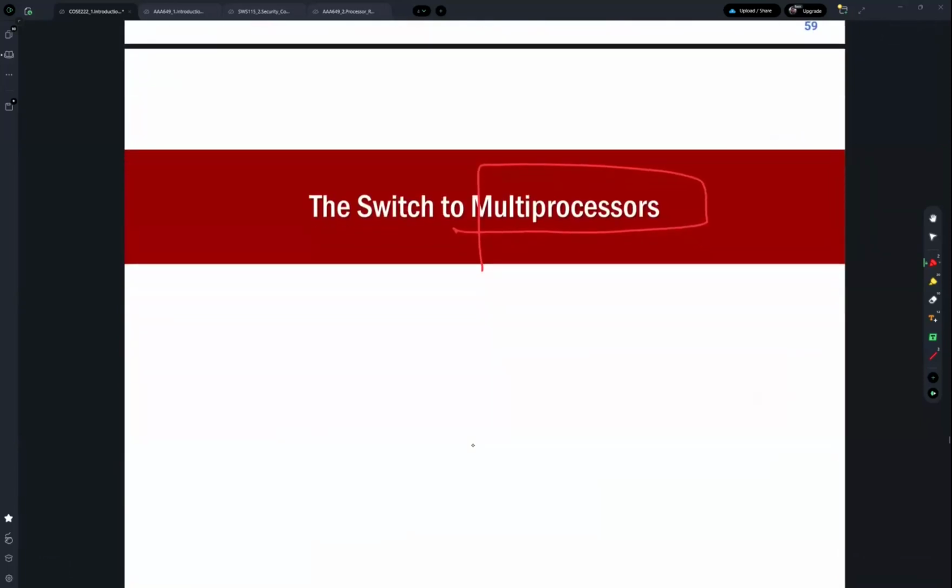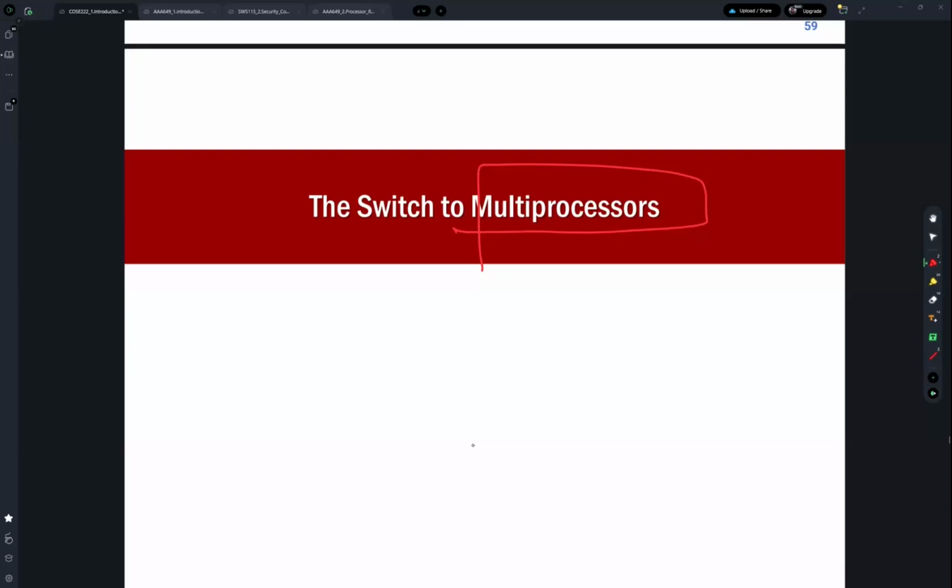The power is increased, and it's not easy to increase the clock frequency. So then how can we increase the performance? I said that there are two representative performance metrics.